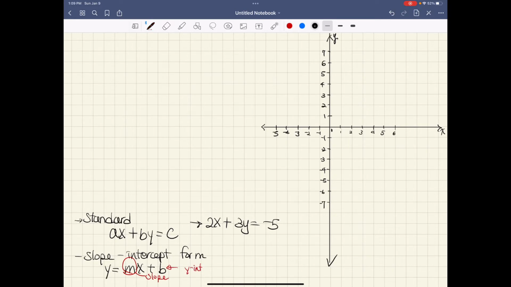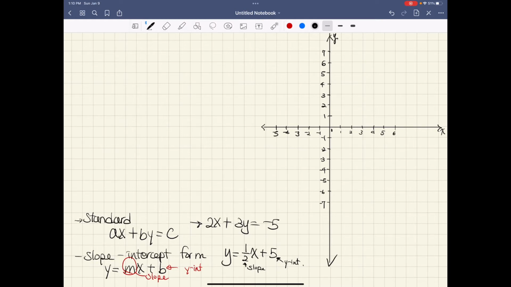So for your equation, if you have y is equal to 1/2 x plus 5, this 1/2 is the slope, and this 5 is the y-intercept. So if you solve your equation for what y is equal to, then you are making it into slope-intercept form.